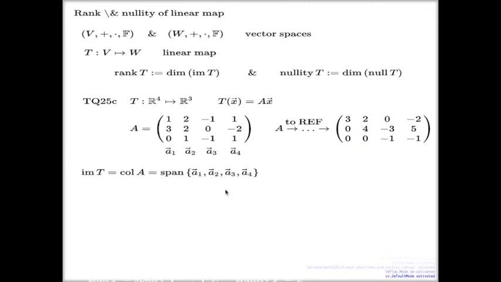So if I drop this A4 from my span, nothing will change. Maybe that's the reason I had A3 originally. The 4th vector doesn't deliver anything new to the span. The first 3 are linearly independent, and that's why the rank of my map T is 3: the dimension of a span, the number of linearly independent columns in my matrix A.